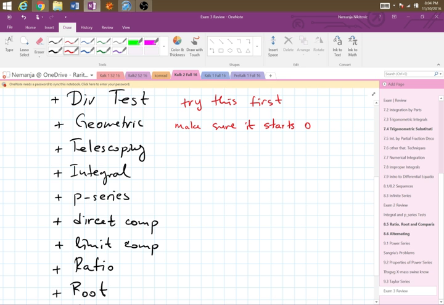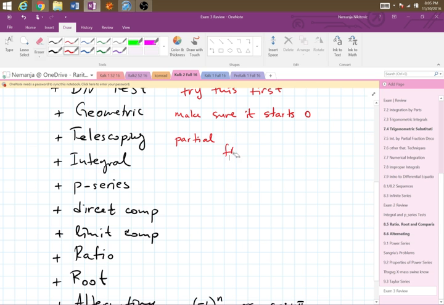If it doesn't start at 0, you have to do that shifting of the parameter and all of that stuff. Telescoping, I'll just say partial fraction. So watch for that. So partial fraction decomposition.